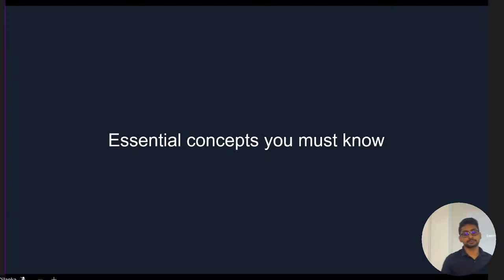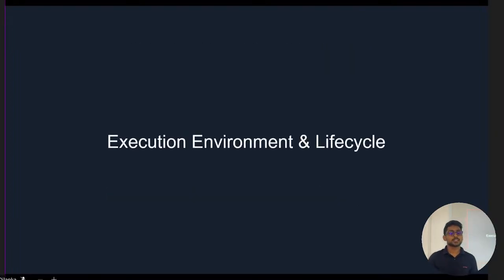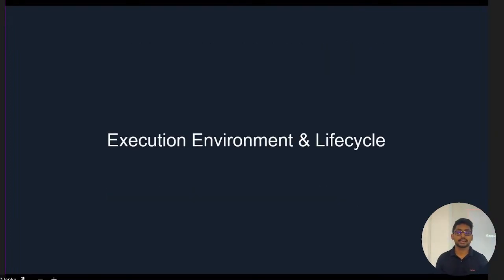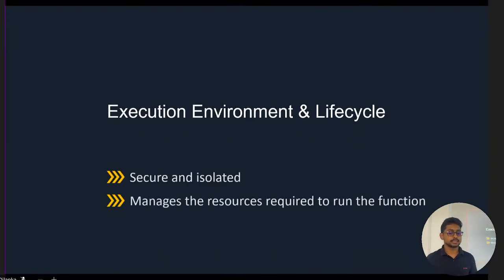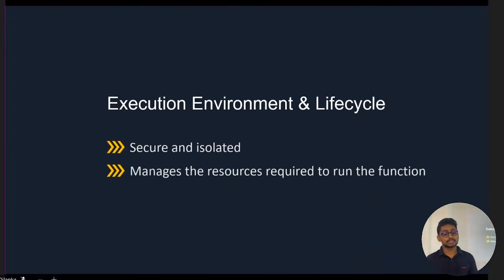These are the essential concepts you must know about AWS Lambda. So the first one is execution environment and life cycle. Let's see what the execution environment is. The execution environment is a container that is an isolated and secure place to execute your Lambda function. This manages all the resources required to run your function.